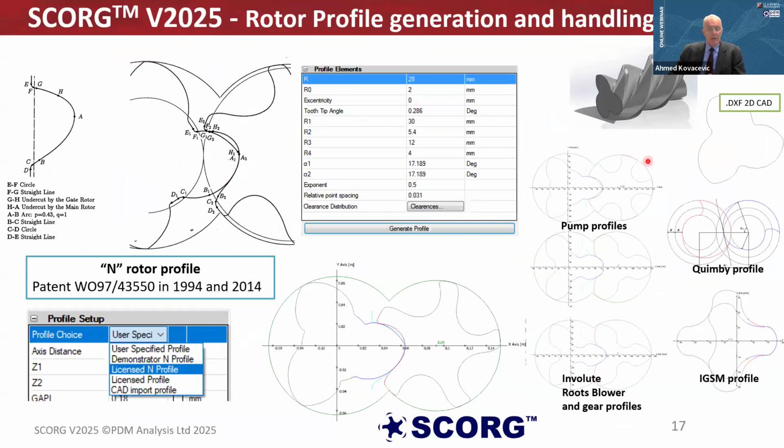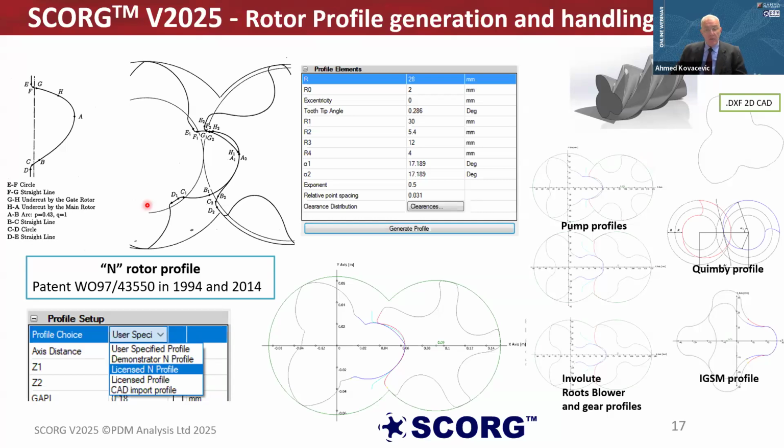These are the available rotor profiling capabilities of SCORG, where we have this N rotor profile, which is our proprietary profile, which is, we believe, implemented in more than half of all new screw compressors built today. This is a family of profiles or a rotor profile generation methodology.